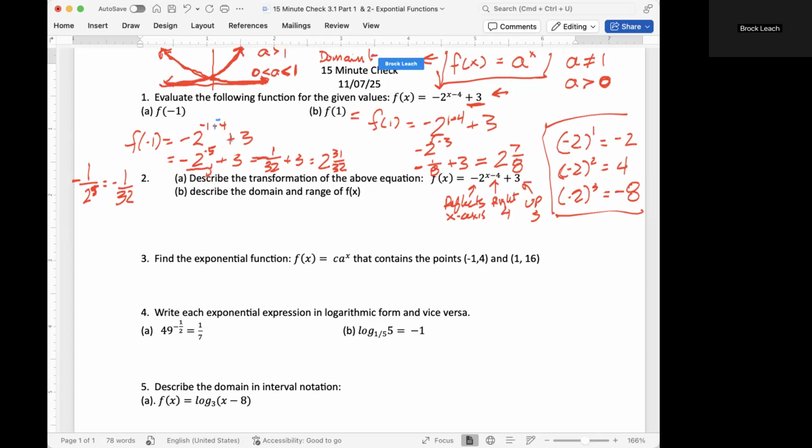So domain for exponential equations goes negative infinity to infinity, and the range goes from 0 to infinity. Notice that it never goes below the x-axis there. Of course, if we're transforming it, moving it around, that might change what we don't go below.